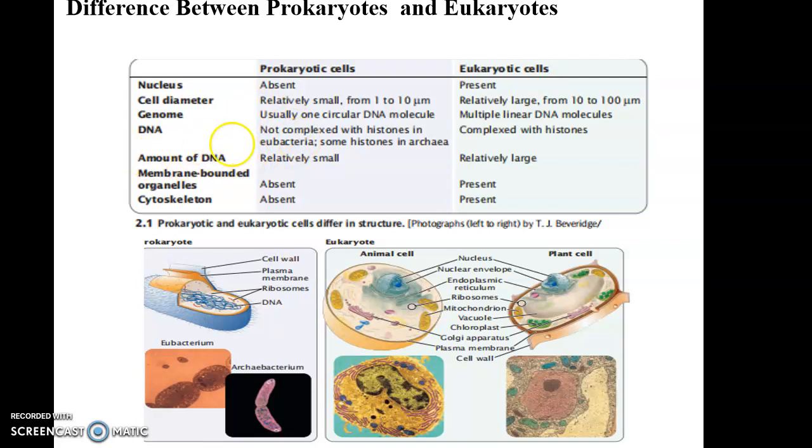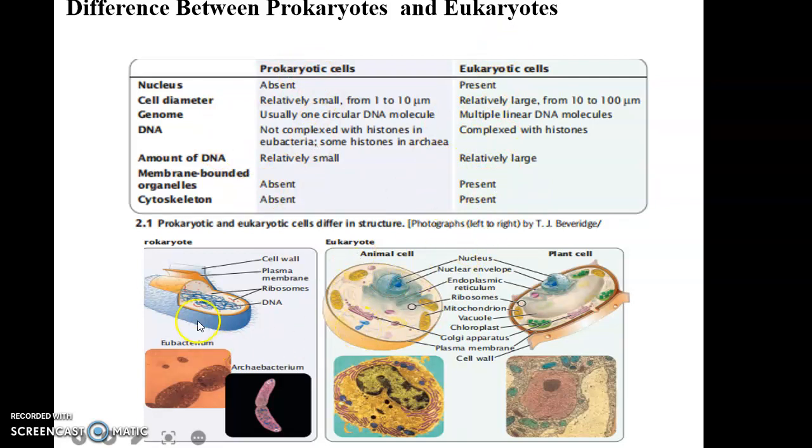DNA is not complexed with histone proteins in eubacteria, while some histones are also present in archaea, and DNA complexed with histones is present in eukaryotic cells. The amount of DNA is relatively small in prokaryotic cells, while it is relatively large in eukaryotic cells. And as I have discussed, membrane bound organelles and cytoskeleton are absent in prokaryotic cells, while these are present in eukaryotic cells.